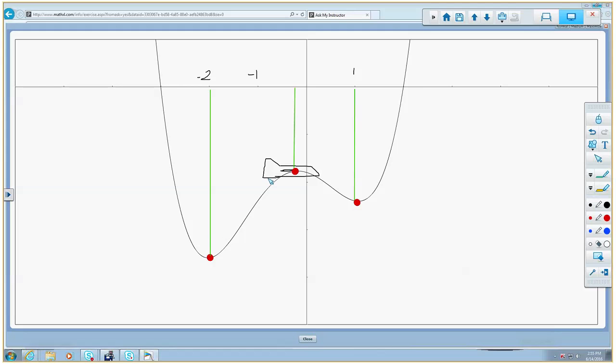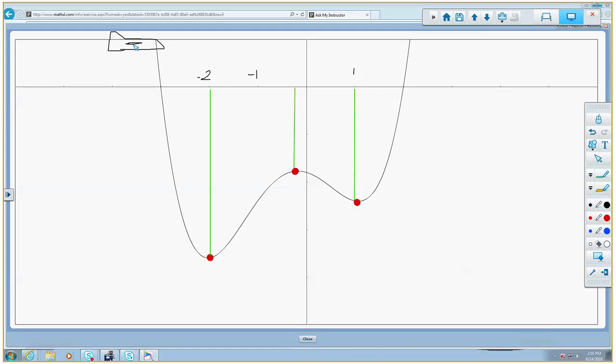So you get to about, I don't know what that is, maybe negative 0.25, and then it starts to decrease from negative 0.25 to 1, and then it starts back increasing from 1 to infinity, because this keeps on going.